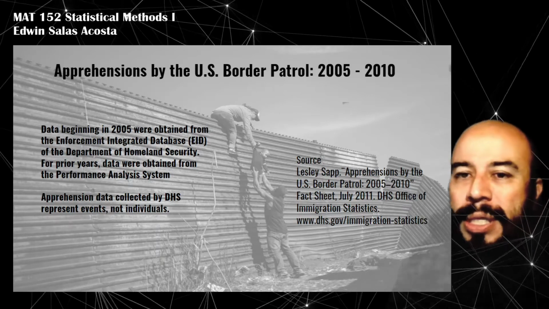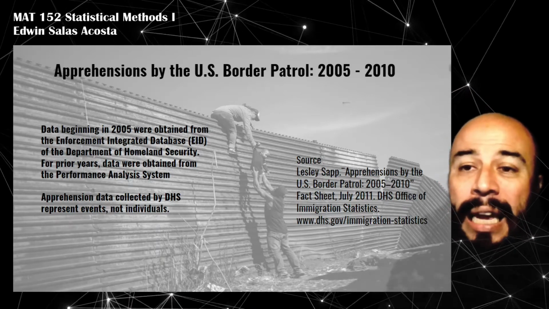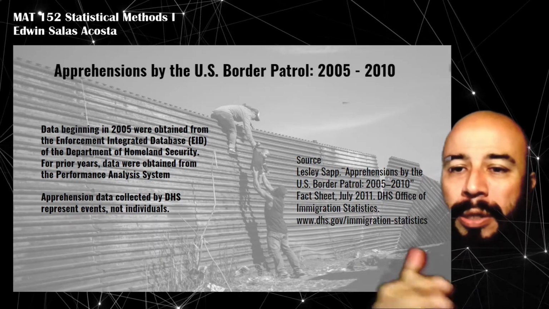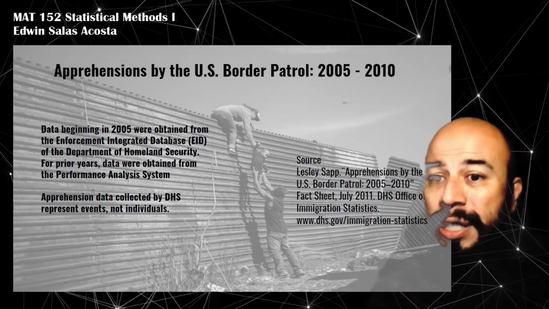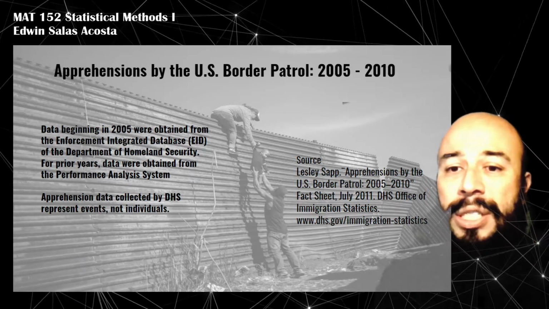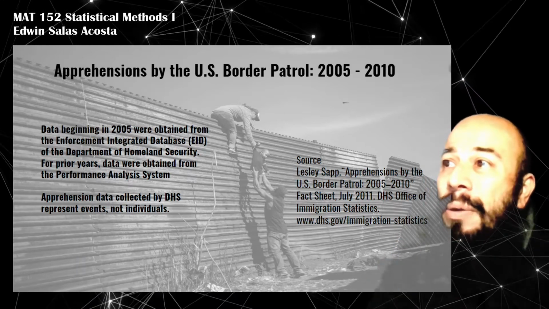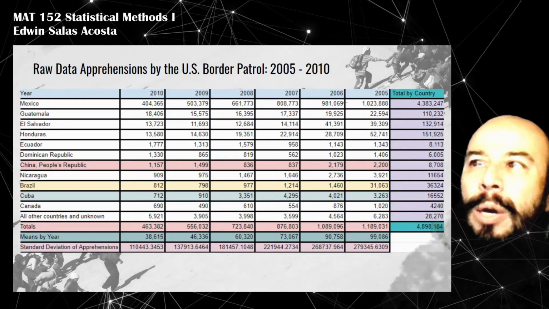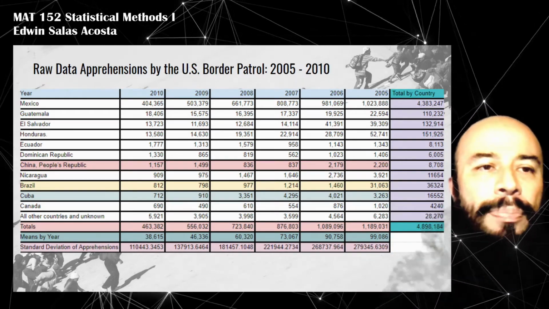Okay, the source is based on the article by Leslie Sapp, the operation by the US Border Patrol 2000-2010, in the fact sheet of July 2011, DHS Office of Immigration Statistics. Now is the route data presentation between 2000 and 2010.